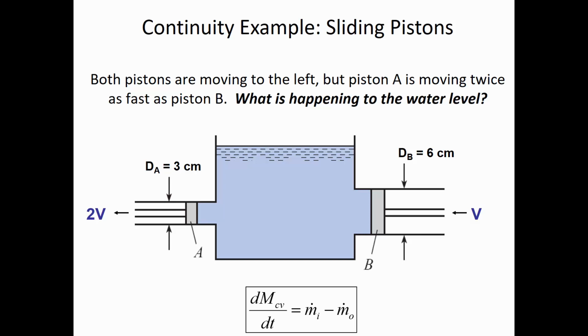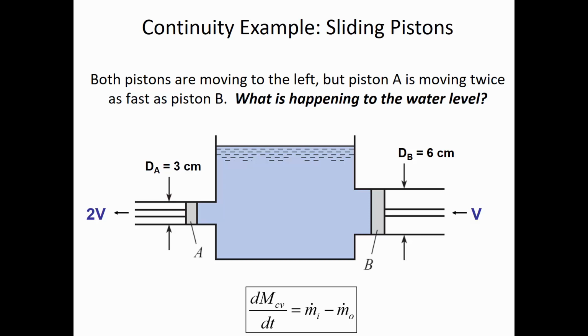Okay, so area A is 7.069 centimeters squared, and area B is 28.274 centimeters squared. Does anybody want to change their answer? Are you seeing the trick of this question?